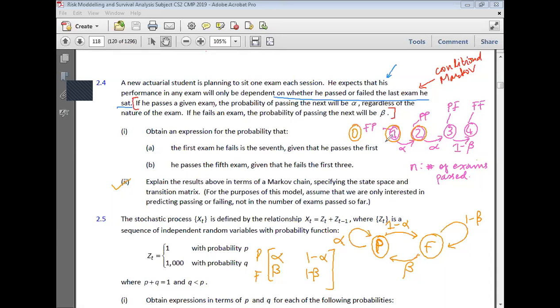I think I said the last sentence a bit wrong. So there are two different possibilities. One is the case where you didn't take any exam and you pass the exam, so you have one exam cleared. Or else you tried to take one exam and you failed, and then you again tried to take the exam and you failed.